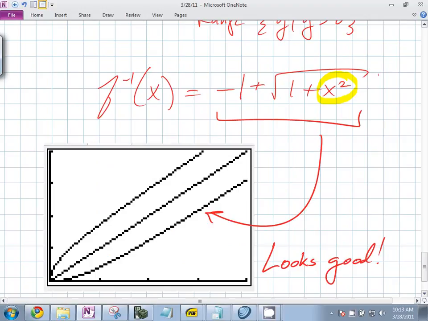So what's the smallest 1 plus x squared could be? 1. What's the smallest the square root of 1 can be? 1. What's -1 plus 1? 0. So what's the smallest this could be? 0. Could it ever be negative? No, because the smallest the square root can be is 1, and you're adding -1 to it, so the smallest the whole function can be is 0. That's why it goes to the origin.